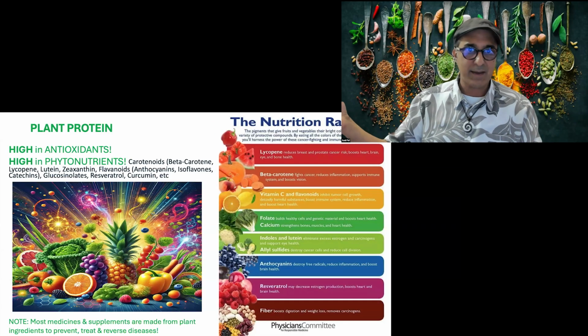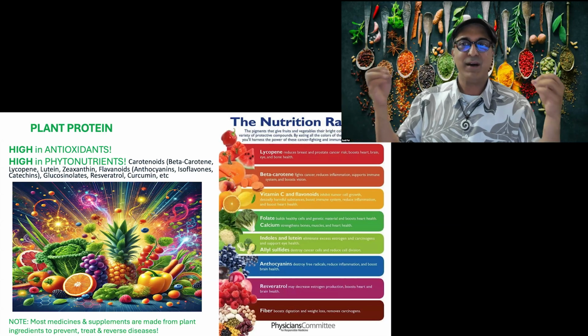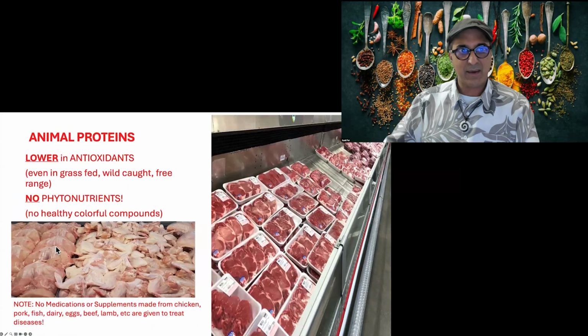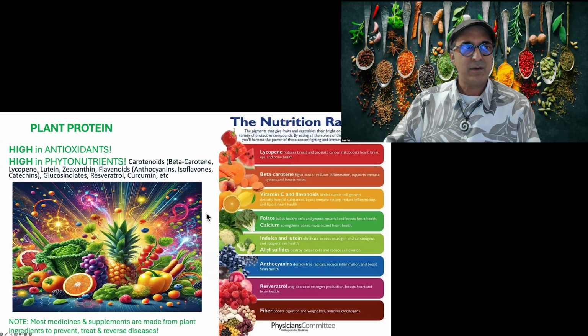Plant protein, super high in antioxidants, but even higher in phytonutrients, right? So you can just see all this color. Going back here, as you can tell, there's no color, no phytonutrients, phyto meaning plant, right? So these are all the amazing colorful compounds.